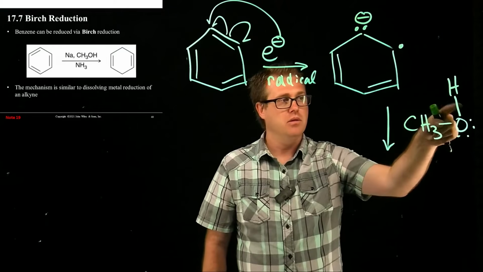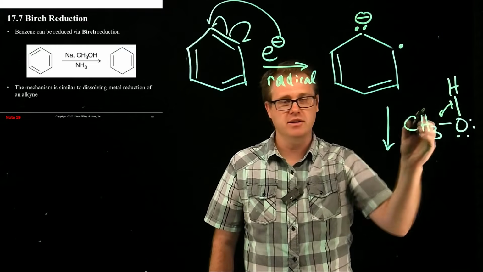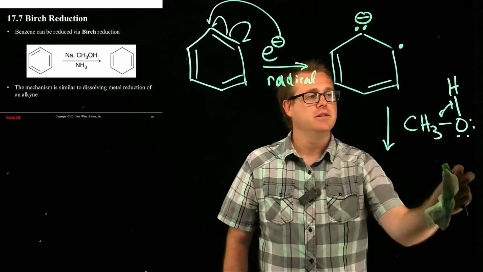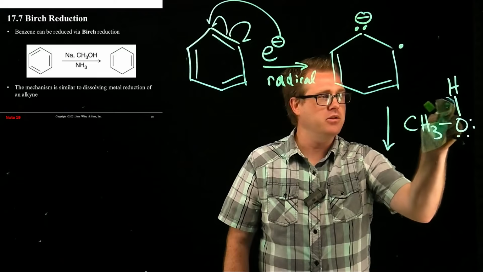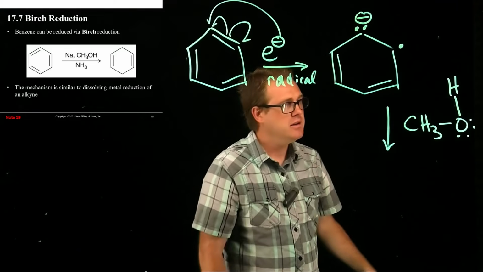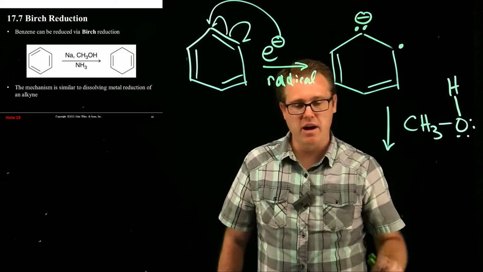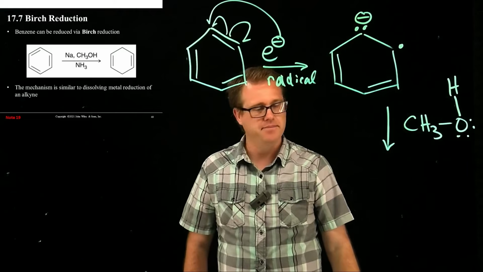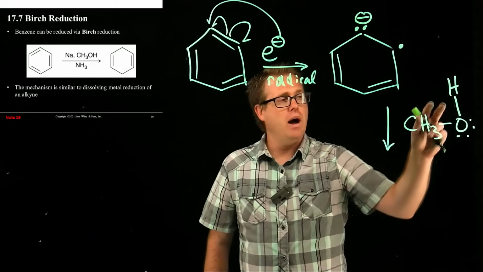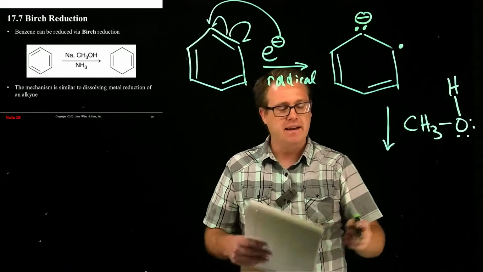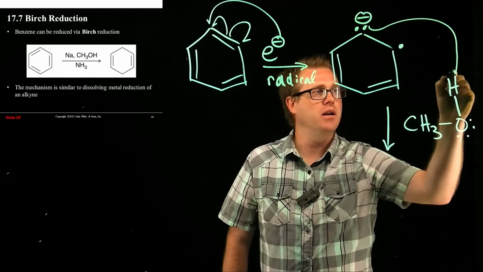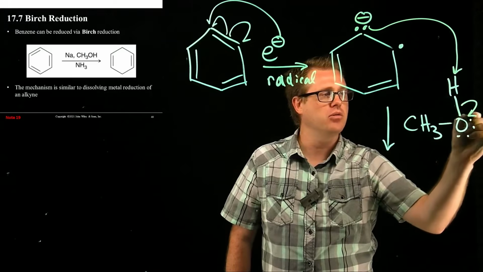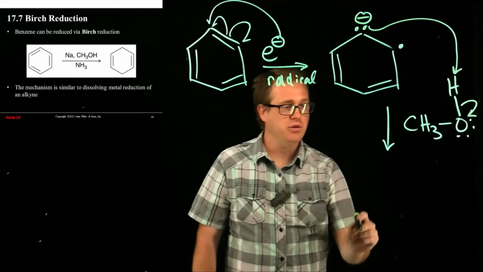Now, this bond angle right here, that's not correct, because that's sp3 hybridized, so the bond angle should be 109.5. But I'm just drawing that because I ran out of space. So what happens here? It's going to act as the proton source. So the lone pair here is going to come and grab that proton to reduce that carbon.